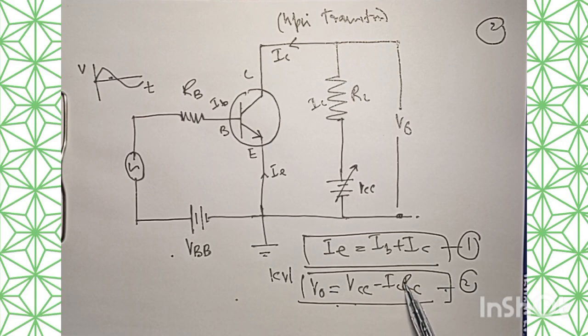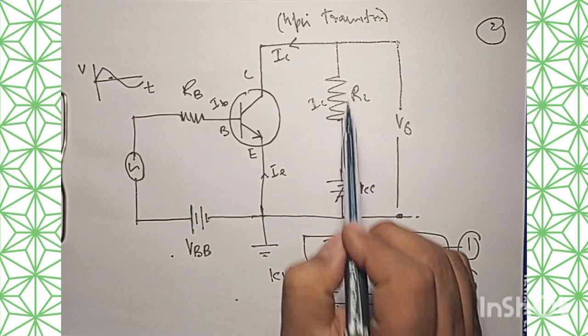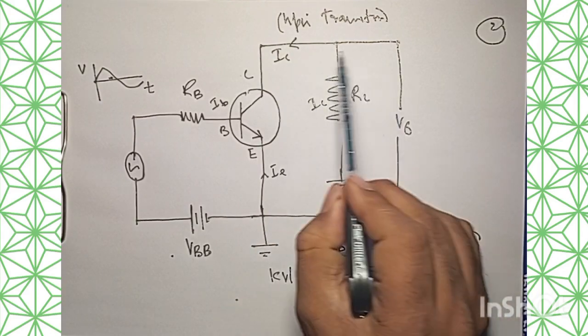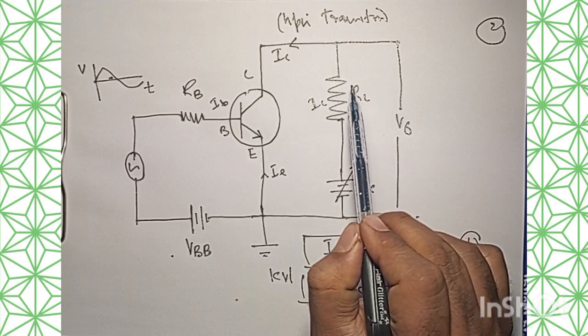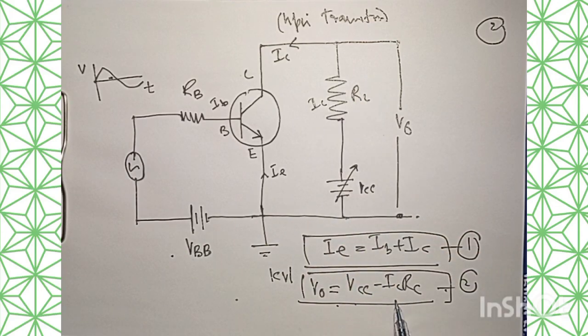Therefore, the voltage drop across RL, in terms of ICRC, will also decrease. If this decreases, then according to this equation, the output, or the collector voltage, increases.